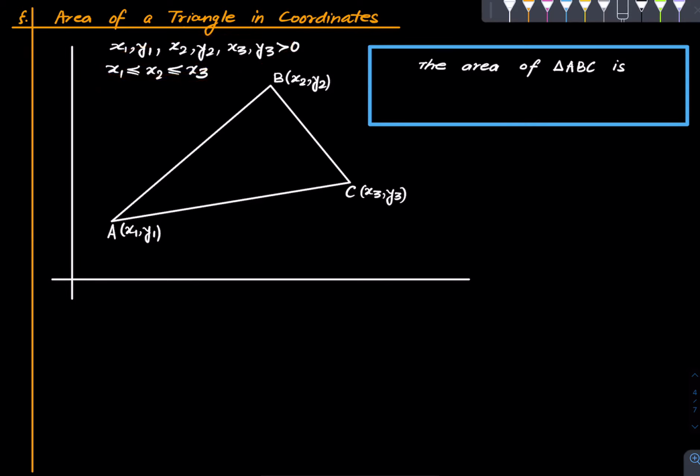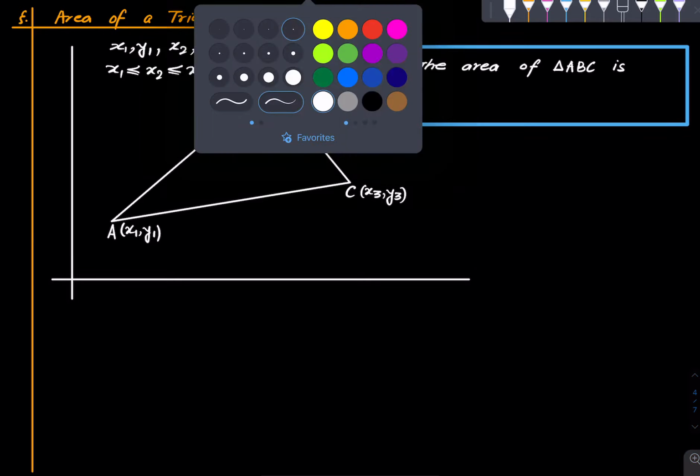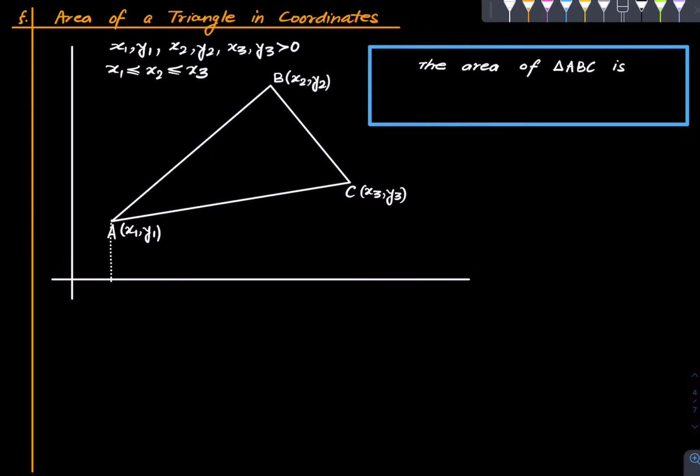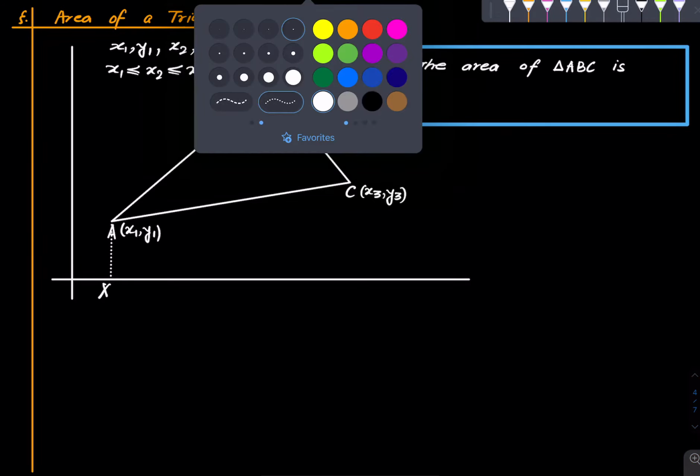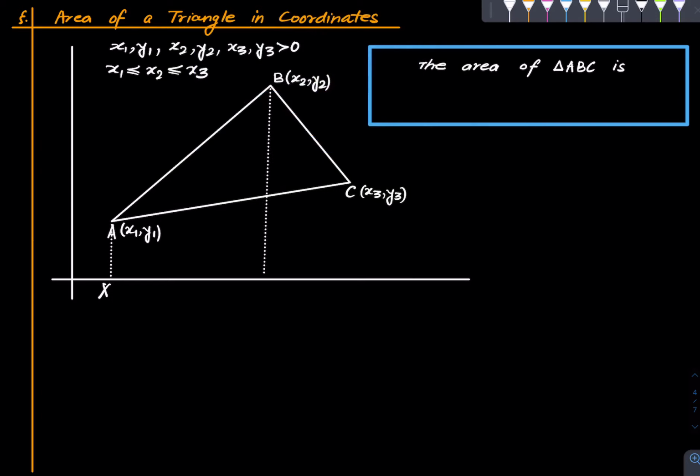What we will do is make a certain construction. Drop a perpendicular from A to the x-axis, call the foot of the perpendicular x, and then the foot of the perpendicular from B, and then the foot of the perpendicular from C. This is called y, this is called z.